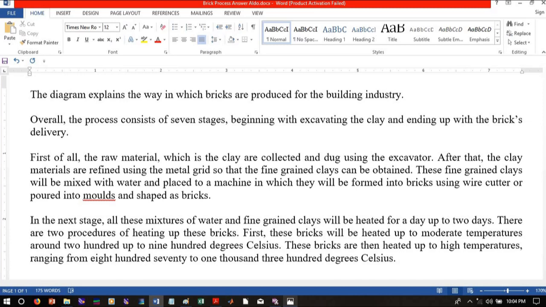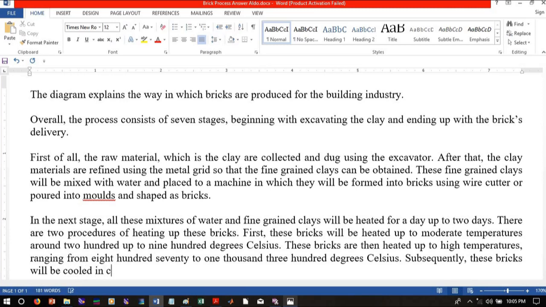Perfect. And after that, what should we do? Oftentimes we use the words after that, then. What other words can we use besides those two? We can say subsequently, these bricks will be cooled in cooling chamber for about 48 to 72 hours.